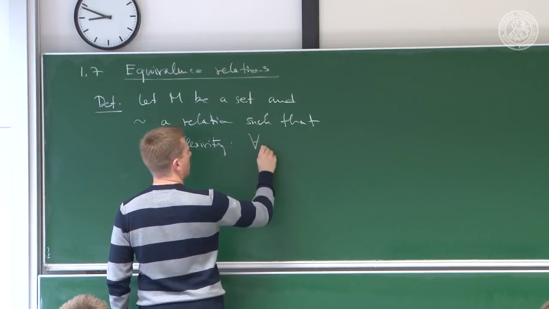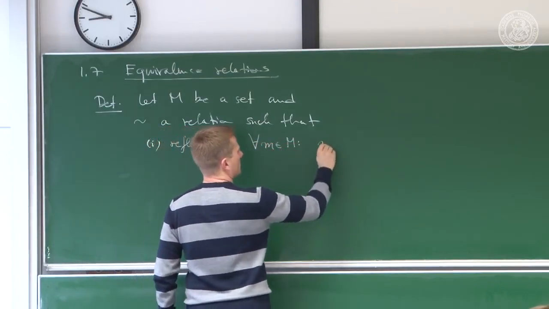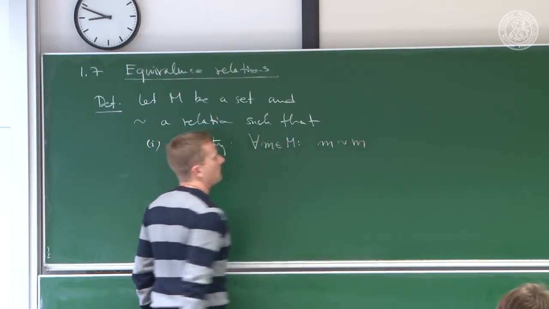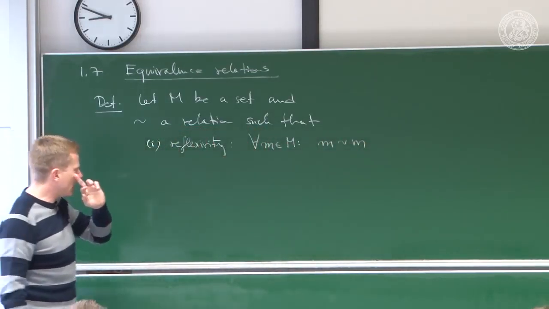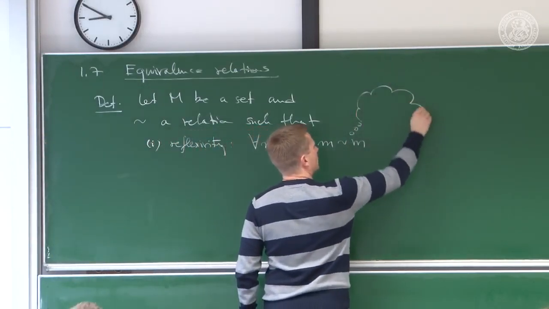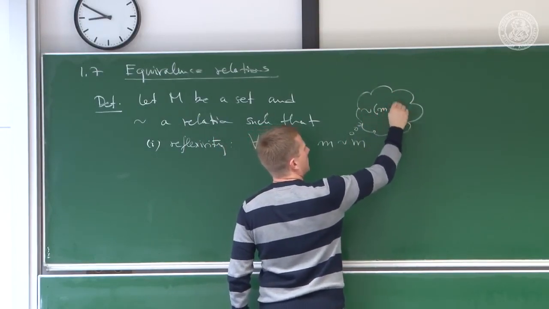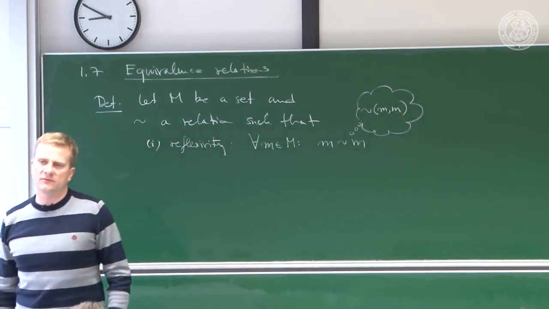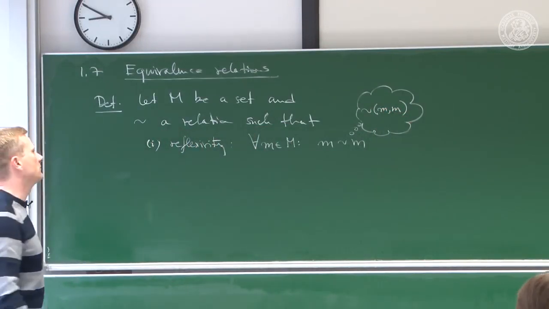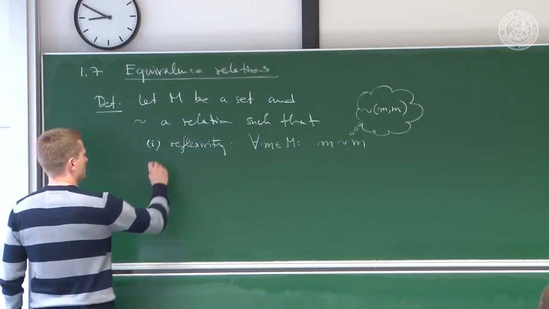Reflexivity means that for all m in the set M, it is true that m twiddle m. And you remember our convention that this means (m, m) in the relation is true. But if we have a relation, we very often put the relation symbol in between the two arguments because this saves chalk.